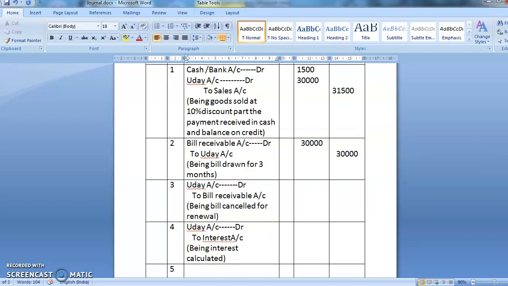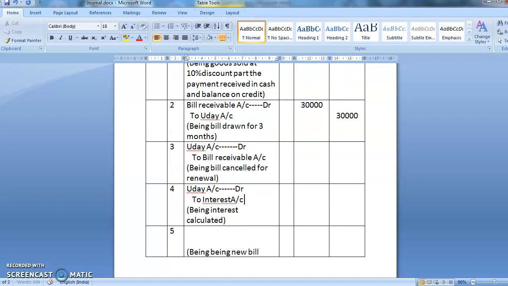And this time you're going to have only 3 entries, because there is no cash dealing. What will be the new entry? That will be bill receivable account debit to Uday account.